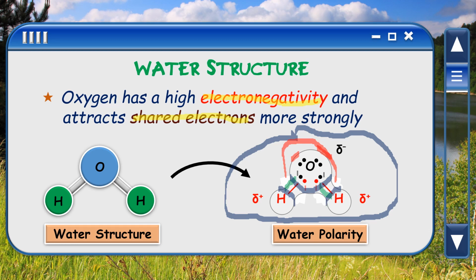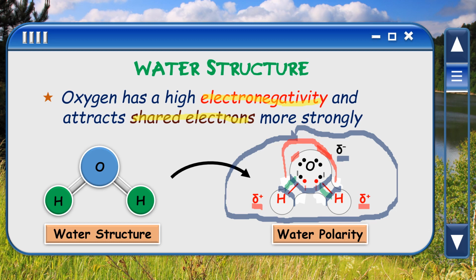Because most of the electrons are situated where oxygen is, oxygen is going to develop a partial negative charge, and hydrogen will develop a partial positive charge. That means there is a high electronegativity towards oxygen.